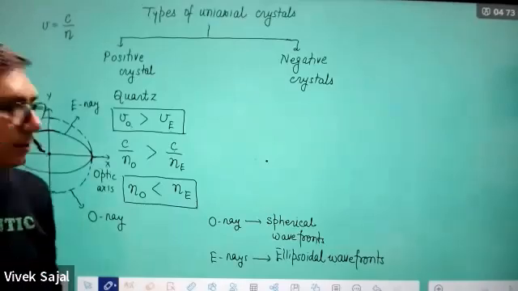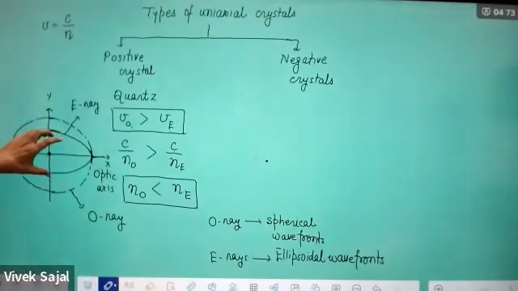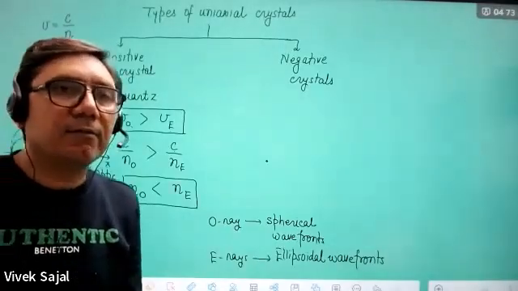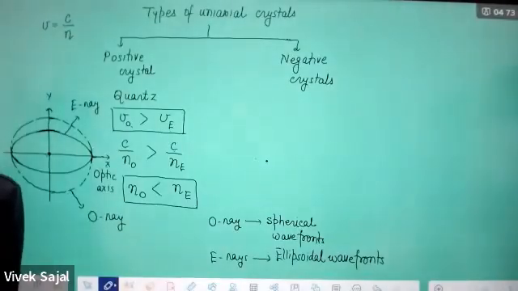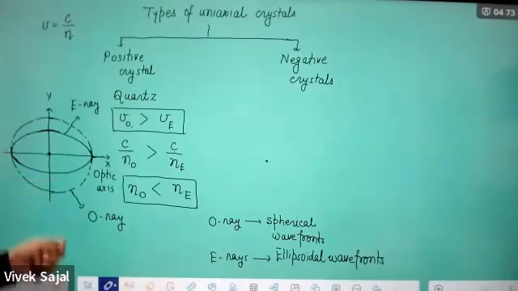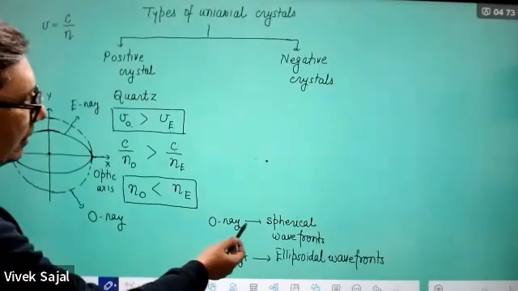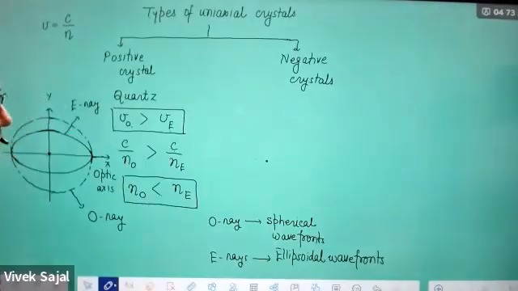Inside the positive crystal, the ellipsoidal wavefront of E ray will lie inside the spherical wavefront of ordinary light.